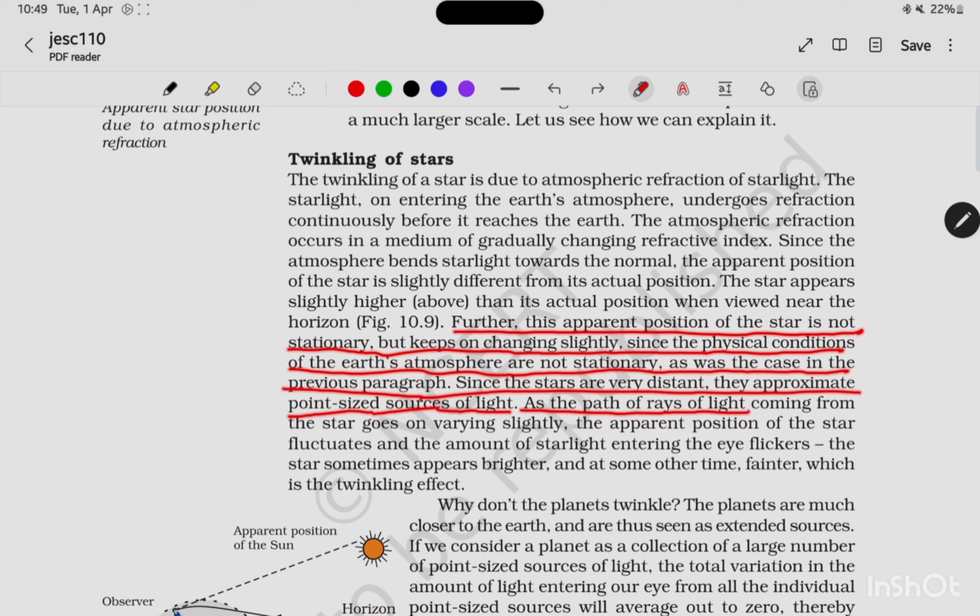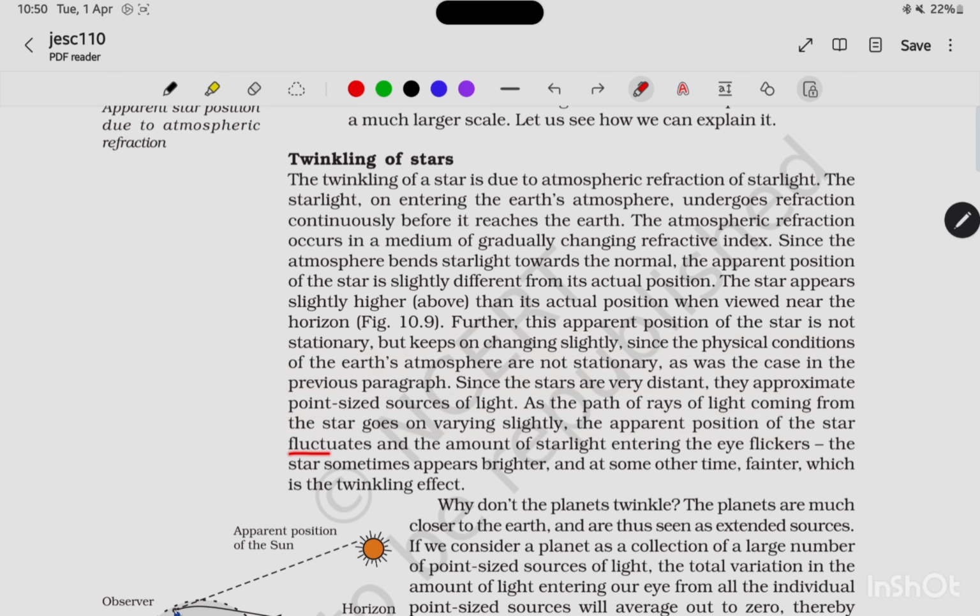As the path of the rays of light coming from the star goes on varying slightly, the apparent position of the star fluctuates and the amount of starlight entering the eye flickers. The star sometimes appears brighter and other times fainter, which is the twinkling effect.